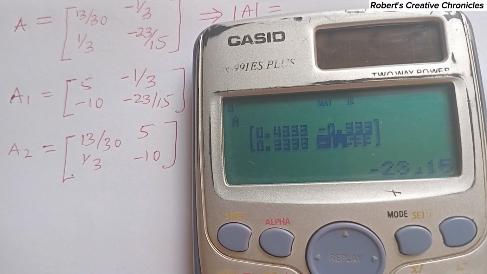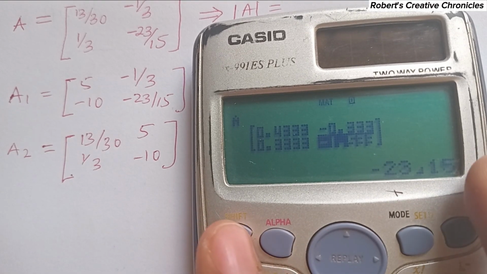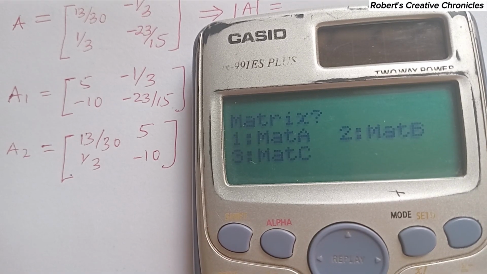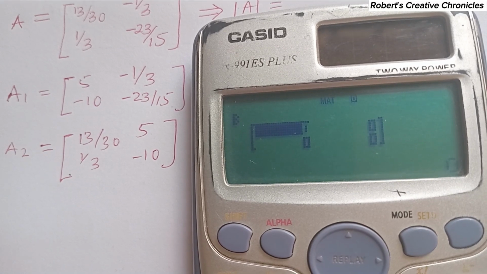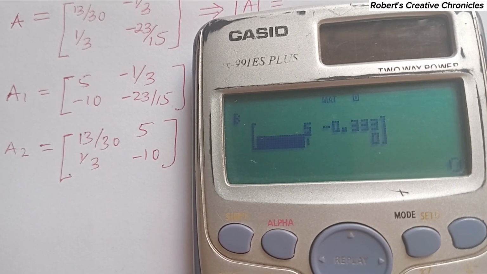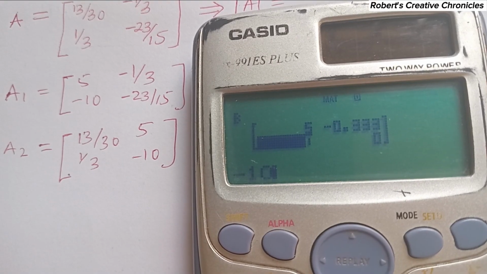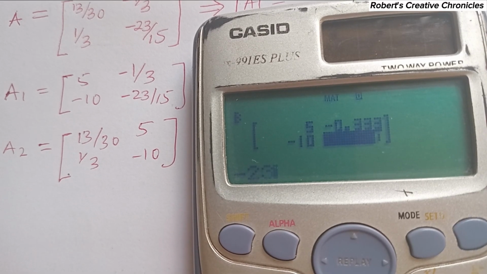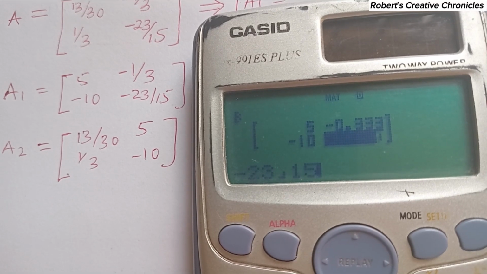Then shift, matrix 2, then B, and then 5, minus 1 over 3, minus 10, minus 23 over 15.